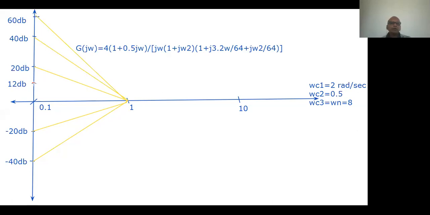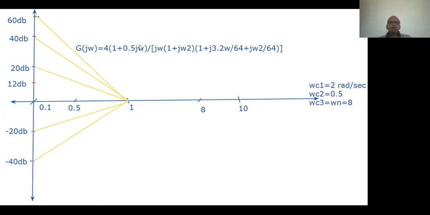Again one more point is required, because the corner frequency equals say 0.5, and then one more is required, that is 8. Here is 8 radians per second.